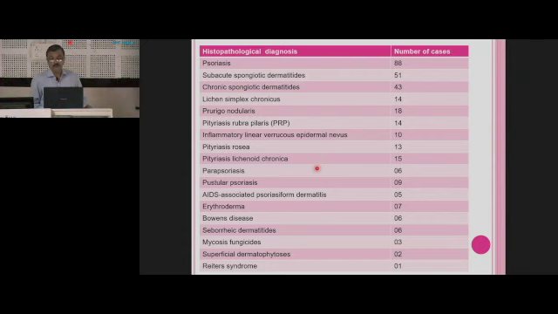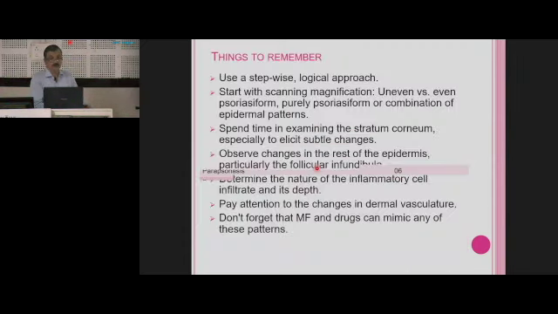The important thing to remember is whenever you get a skin biopsy, use a stepwise logical approach. That is, from top to bottom, you must examine the biopsy.